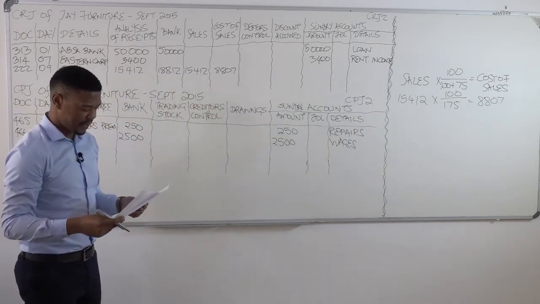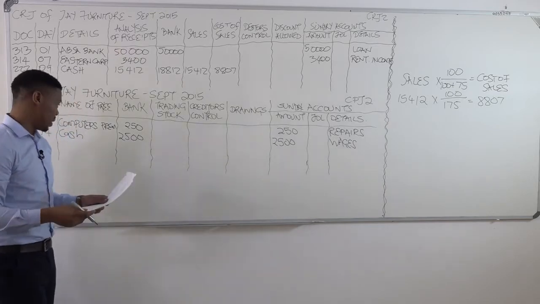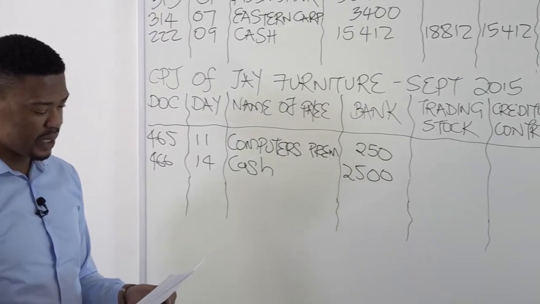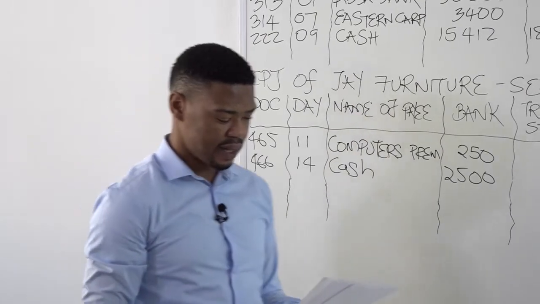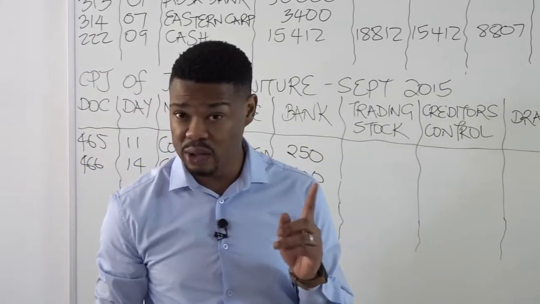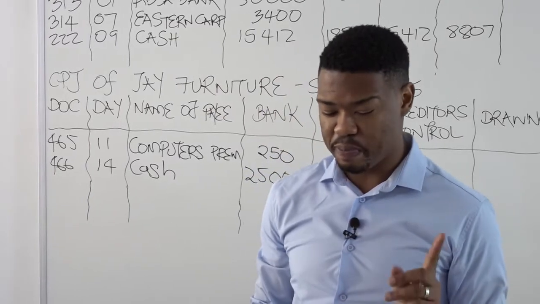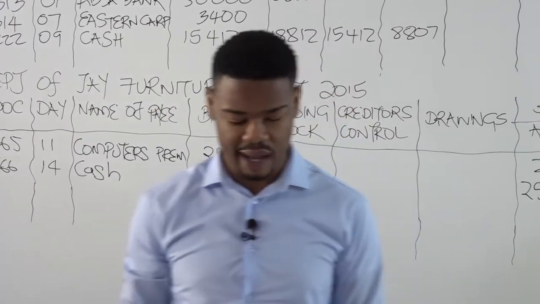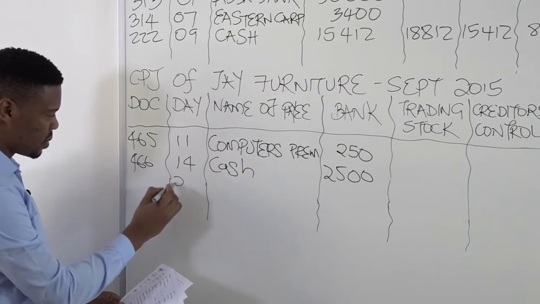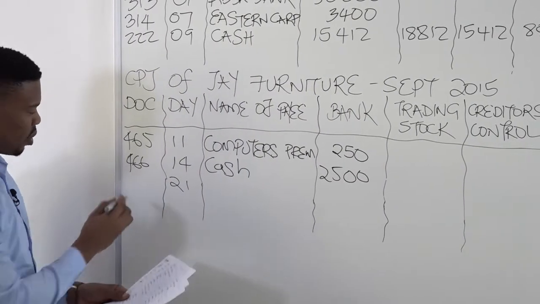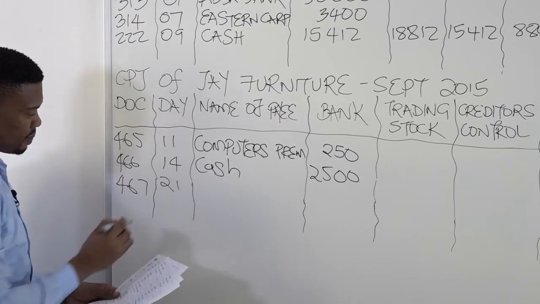Let's do the next one, which is a very popular one. Transaction on check counterfoil number 467. This was issued to Bay Lounge Furniture, and this was to pay our account, 7,700. The date for that was the 21st. My document number was 467.